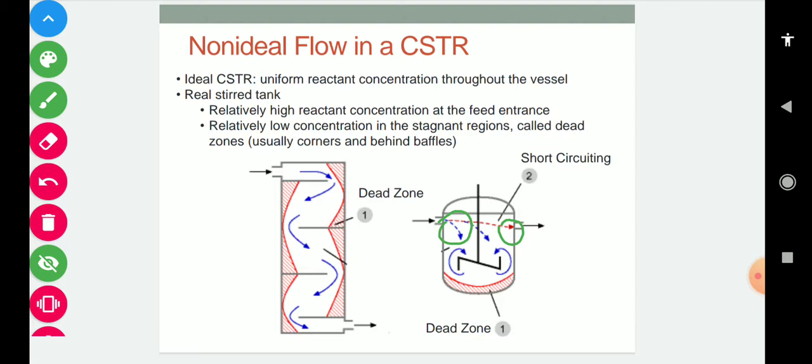Whatever mixing you have, you cannot have that type of mixing. On the other hand, if there are some dead zones present in the reactor, near any corner or baffle point, and any material is stuck in the dead zone, it will spend more time than the average time spent by other molecules.